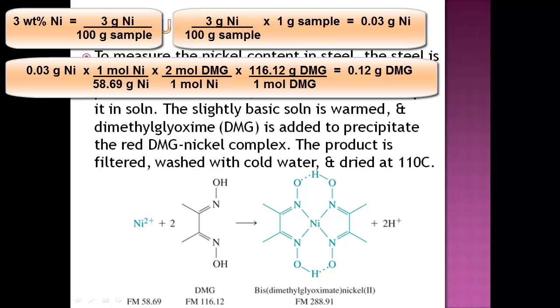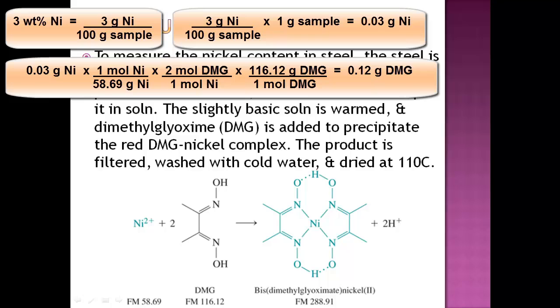So now you're in grams of DMG, and you've already arrived almost at the end of the problem because you figured out how many grams of DMG you need. But remember, the problem said I want to know how much volume of this 1 weight percent.